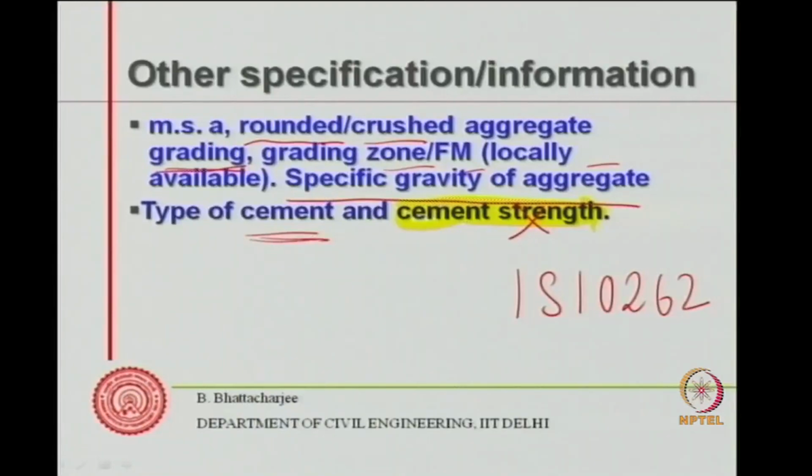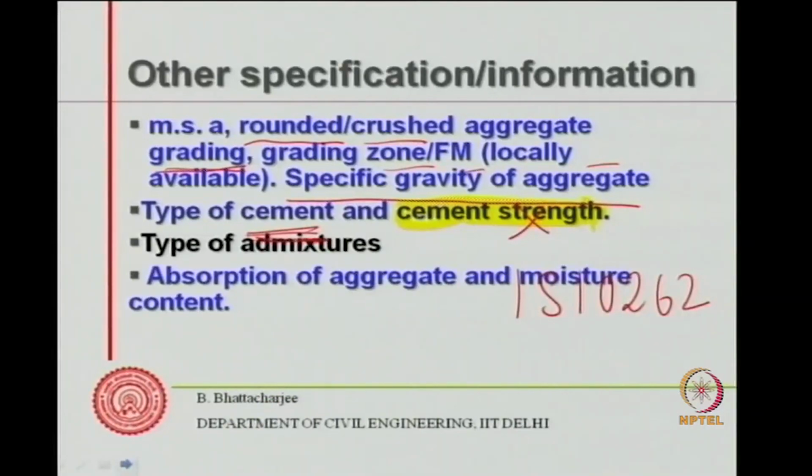That becomes an important issue. Anyway, type of cement may be specified, because this is what you would be using. So if you have to do a trial casting, you have to use that particular type of cement. If I am using some admixtures, what is the kind of admixtures I am using, that information is important, and its compatibility with the cement and the other system, overall system, that is also an important aspect.